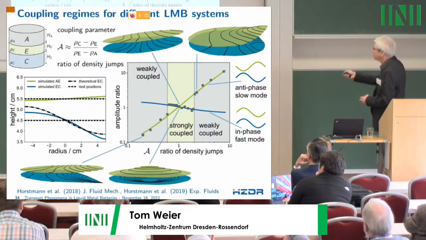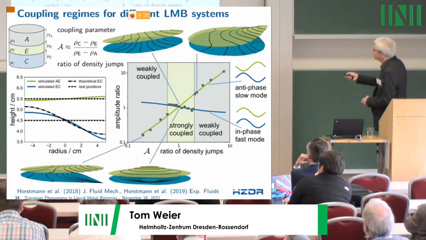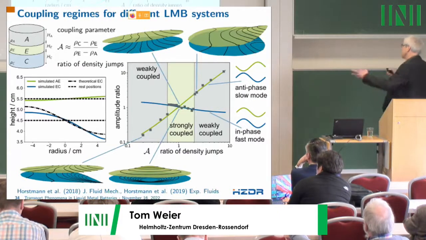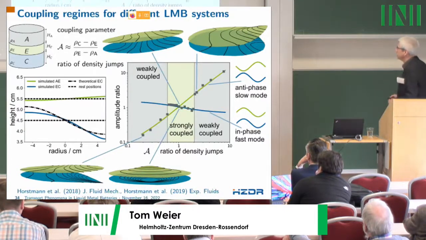So there is a strongly coupled regime for density jump ratios around 1. There's a weakly coupled regime between, say, 2 and 10, and mirrored around 1, and then uncoupled for much higher density ratios or much lower density ratios.